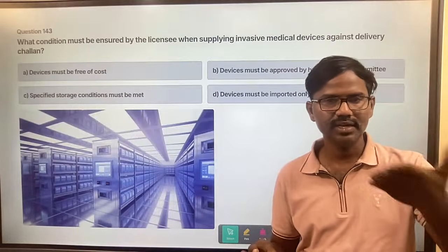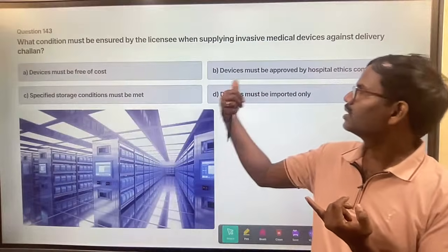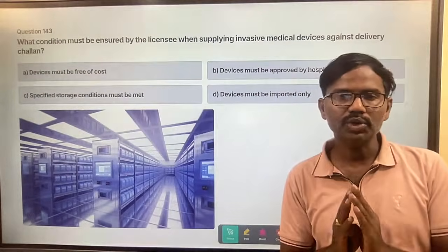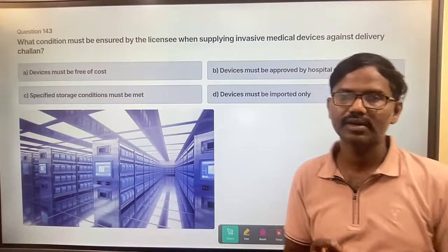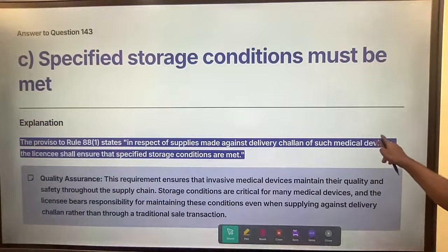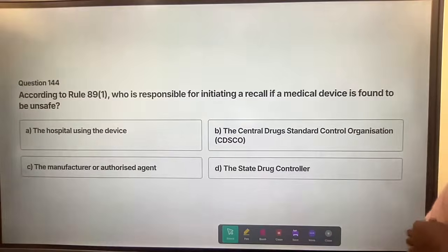Just make a cash or credit memo and get the delivery challan, and the only thing you have to do is maintain proper storage conditions. This is very, very important. Okay, next, specified storage conditions are important according to Rule 88, sub rule 1. That maintains the quality assurance.